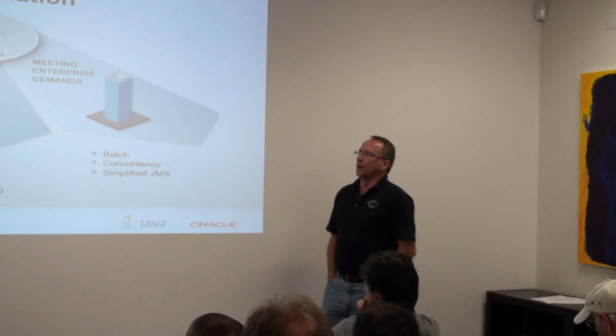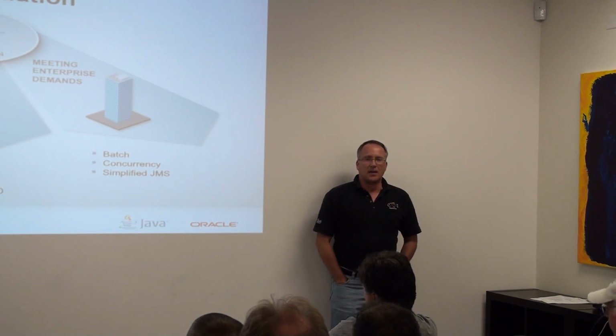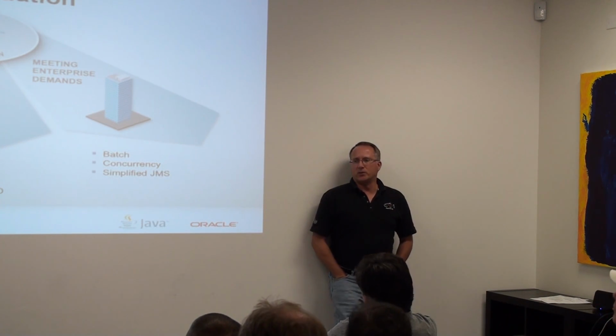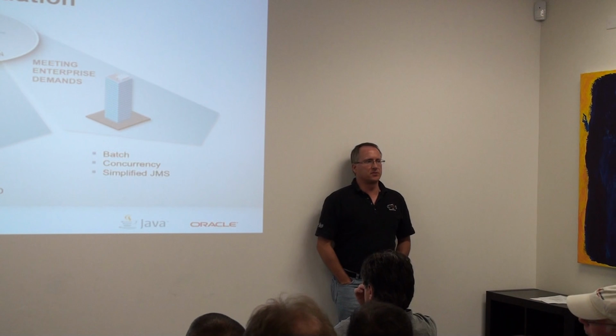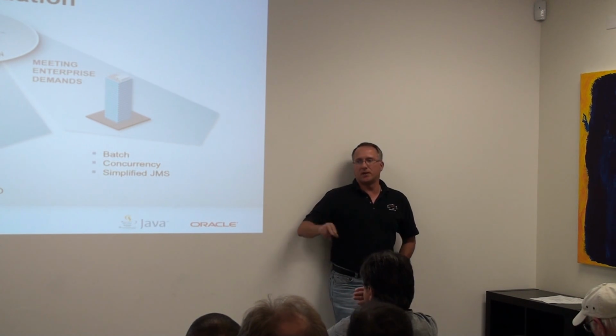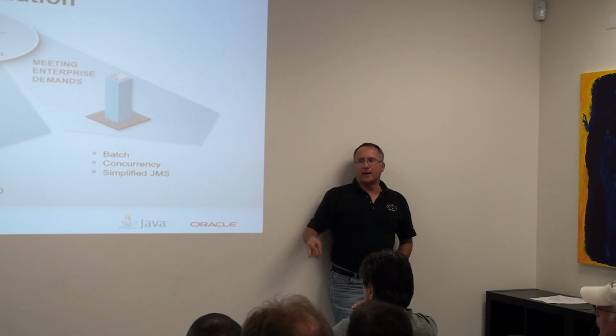There's a white paper there, and we also had this launch where you can listen to all the spec leads talk about the features in Java EE. Those are also on YouTube. The whole series is probably 15 to 20 twenty-minute videos by the spec leads, including Red Hat and IBM.